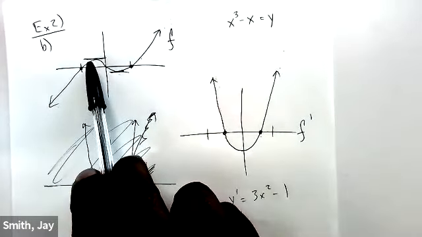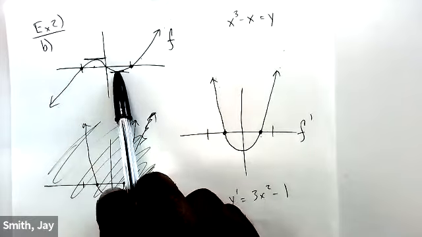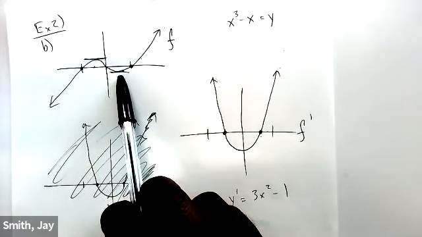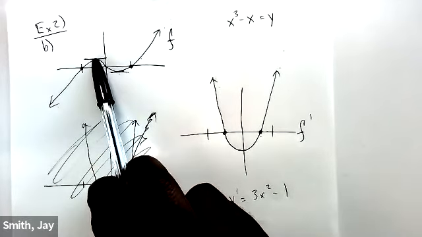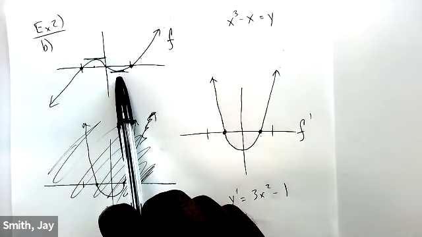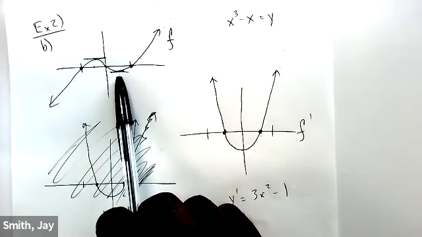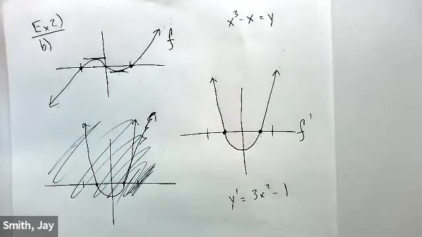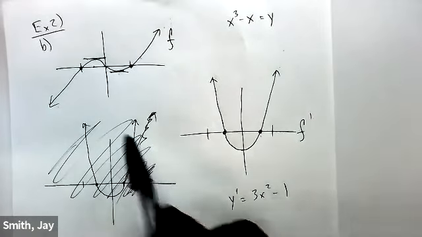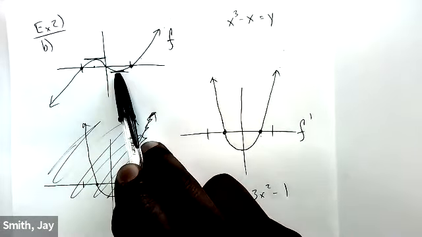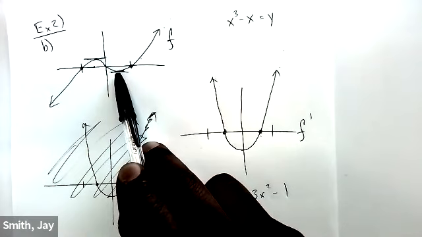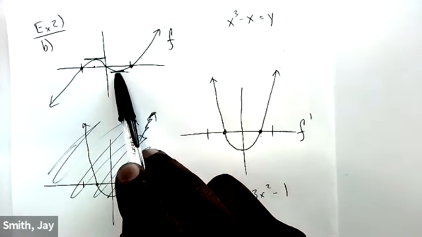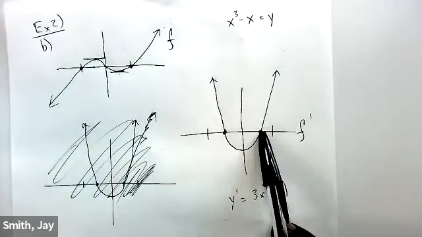In between my first and second horizontal tangents is an interval of decrease. That means on the graph of the derivative, it should be below the x-axis for that interval, in between the x-intercepts. You see how it makes me sound smart? I have a lot of words to say, but we're not really looking for very much. For this interval, should we be above or below the x-axis? Below. In between the x-intercepts, we're below.